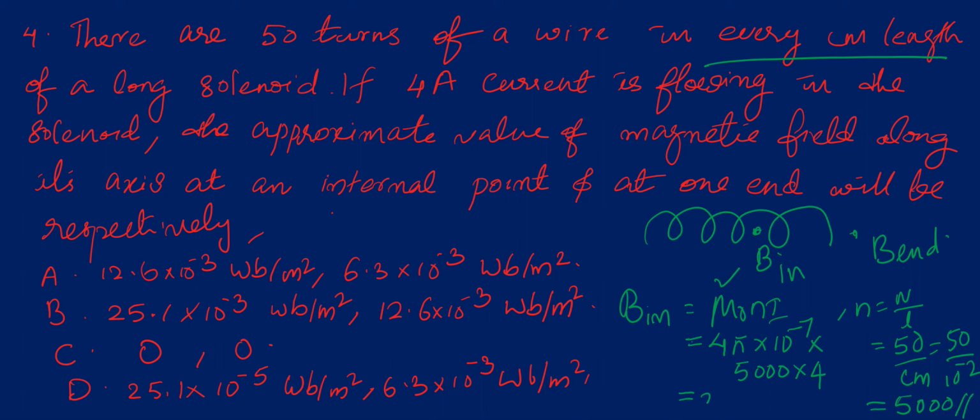So you will get 25.1 into 10 raised to minus 3 Weber per meter square. And at one end, it is half of B inside. So let us take half of this one. You will get 12.6 into 10 raised to minus 3. So option B is the correct one.